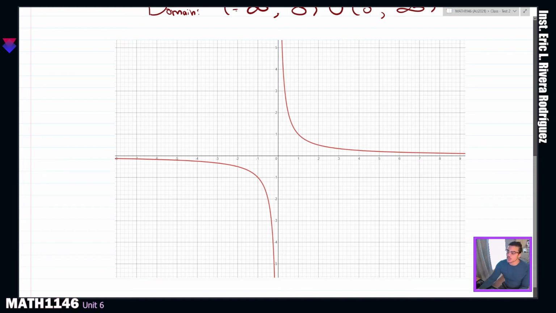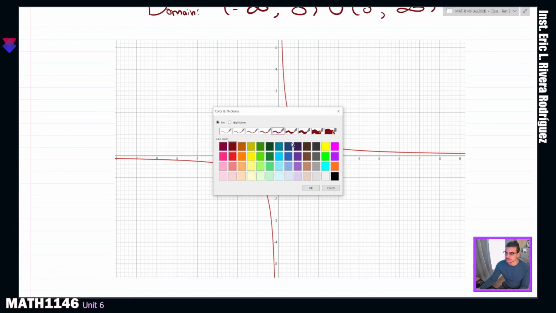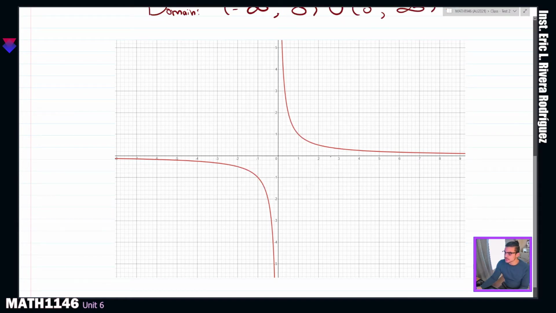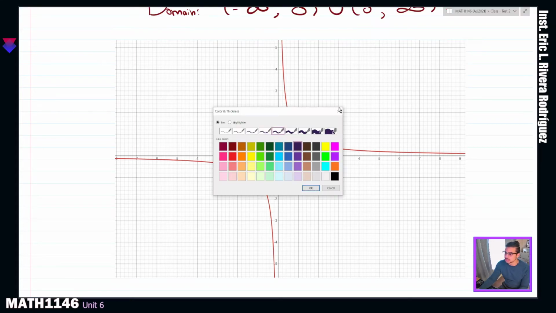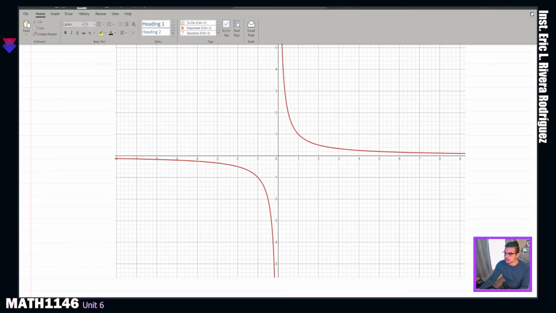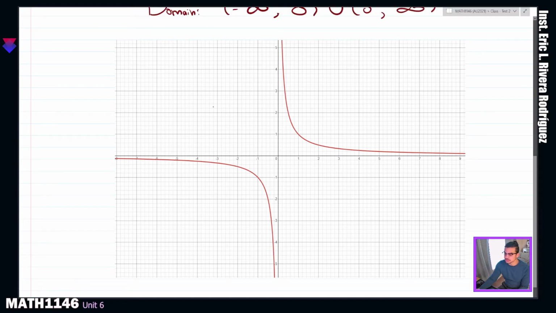So what do we want to take from this? First thing is, how many key points would you need to draw this shape? Tell me in the chat, how many key points do you want to use to draw this shape?